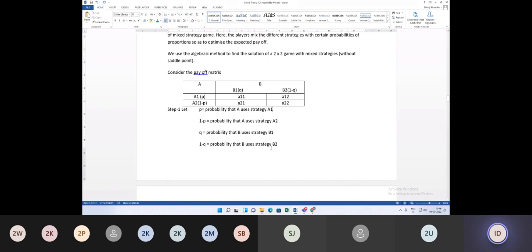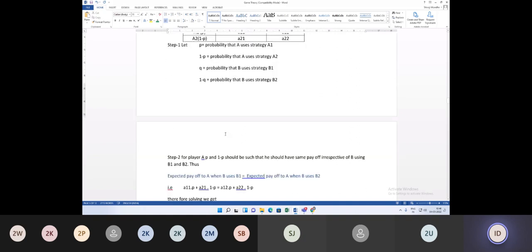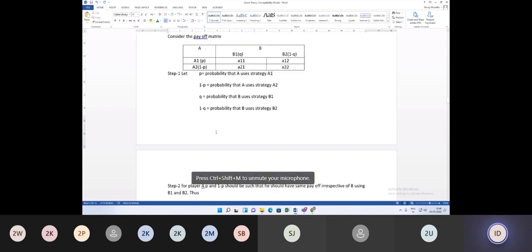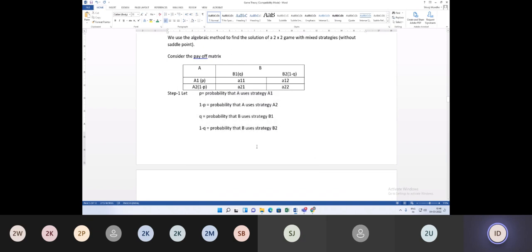Until and unless we have a value, we cannot predict it. So we should know the probability, otherwise it cannot be calculated. How it is to be calculated? The next step is given for the player. Do you understand this bifurcation? Very simple, right? Which strategy, what probability is given. That is the description I have given here.